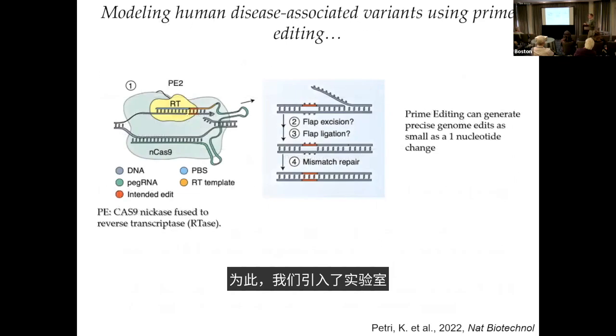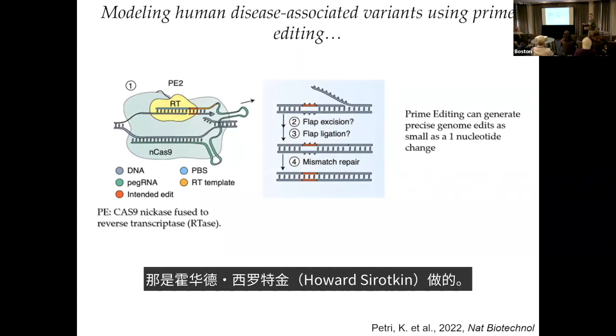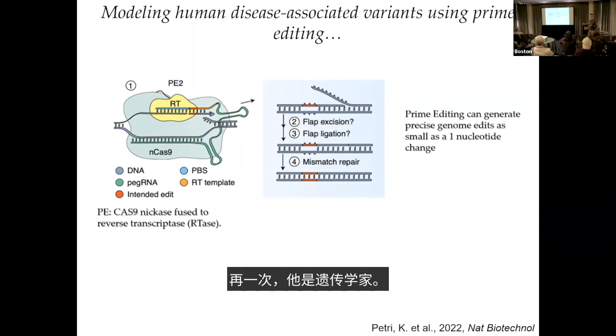To do this, we've introduced into the lab a technique called prime editing, which was Howard Sirotkin's doing. He's the geneticist. The advantage of prime editing is that it combines a Cas9 nickase with a reverse transcriptase. CRISPR-Cas is very precise in its targeting but very imprecise in its repair mechanism.